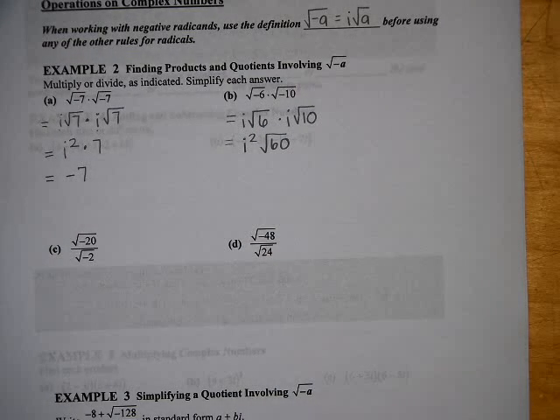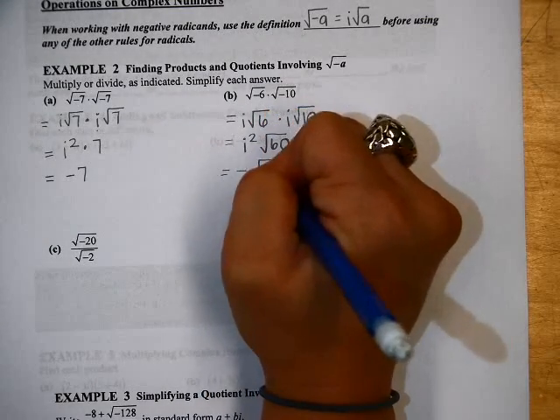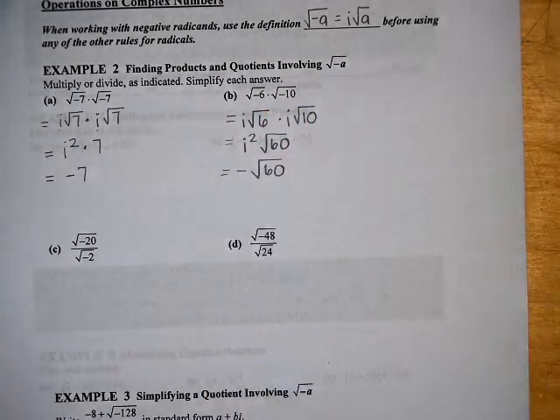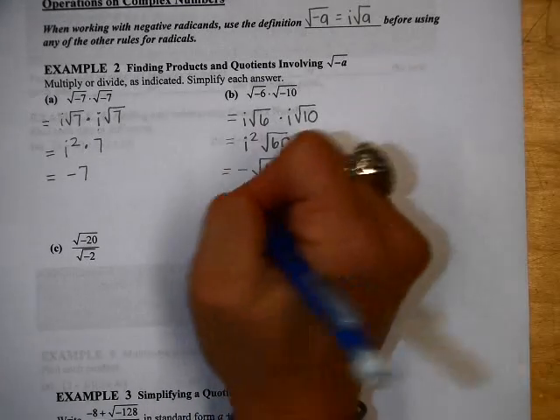Now, i squared will be negative 1, so now you have negative square root of 60. And 60 is not a perfect square, but 60 can be broken down. So you want to break 60 down into a number that is a perfect square and a number that is not a perfect square.